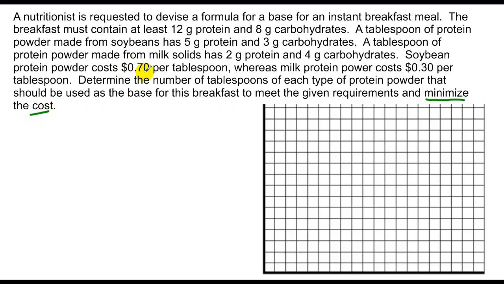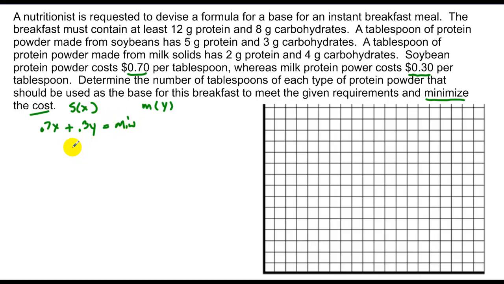So I look at this 70 and this 30 as units of cost, and I look at what I'm trying to minimize, and it looks like protein powder from soybeans and protein powder from milk. So let's say our soybean is going to be our X, and our milk is going to be our Y. And we have 0.7X plus 0.3Y equals a min.